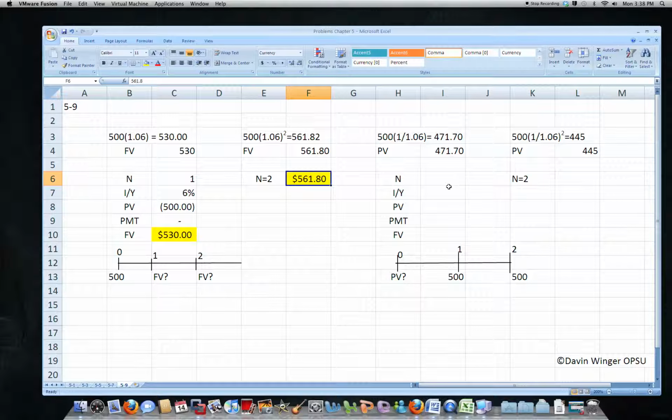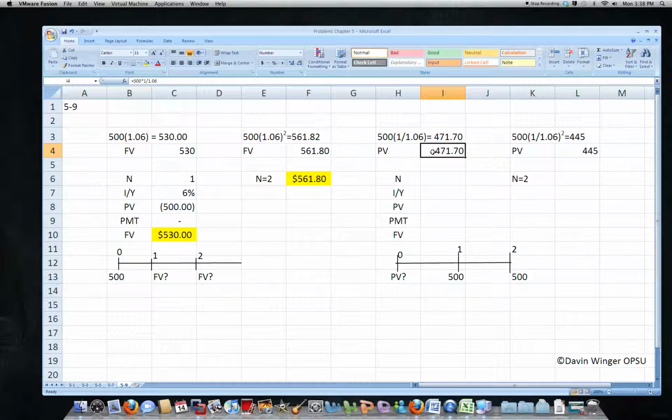Okay, now the second part of the problem, or the last two, calls for us to find the present value of 500 that we're going to get 1 year from now. What's it worth today if our discount rate is 6%? Or if we're going to get this 2 years from today and our discount rate is 6%, what will it be? To do the arithmetic, 500 times 1 divided by 1.06 equals 471.70.